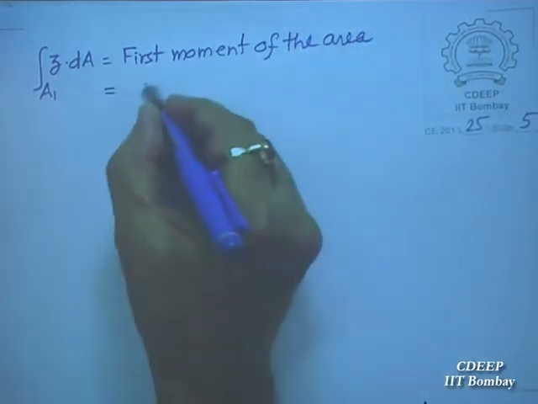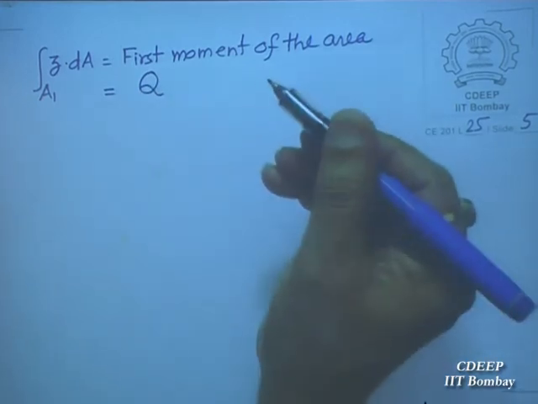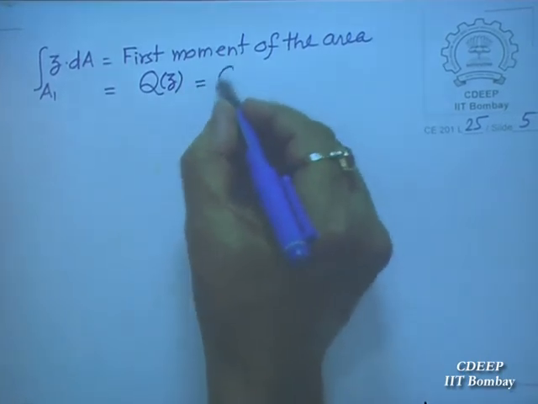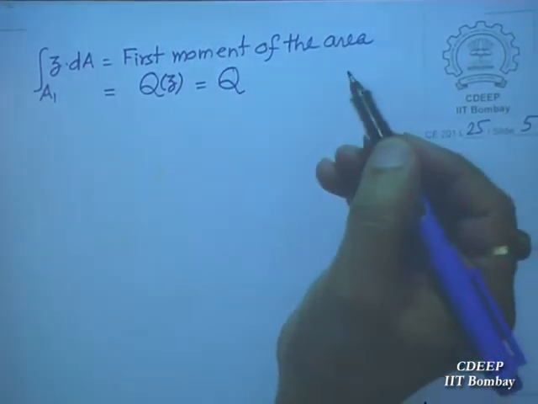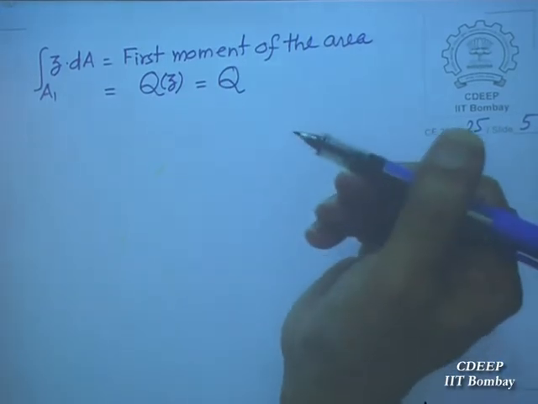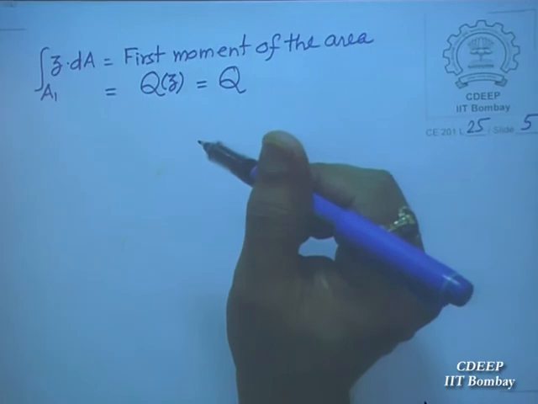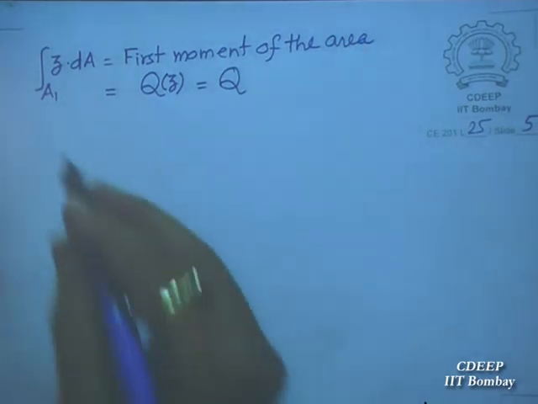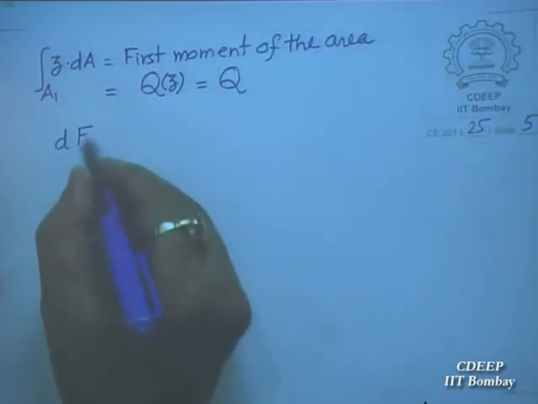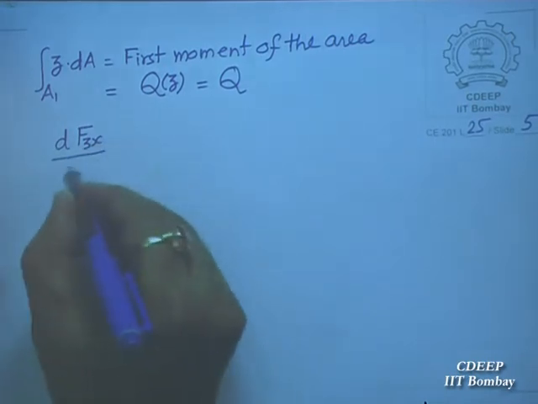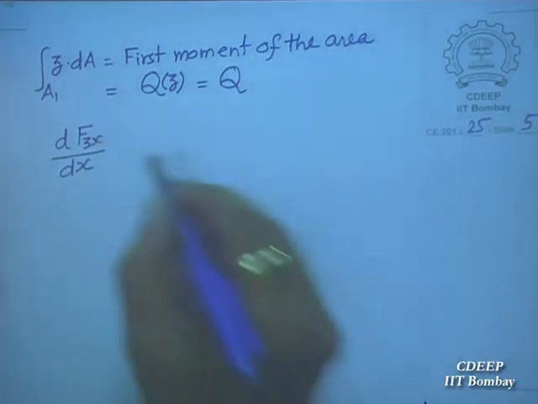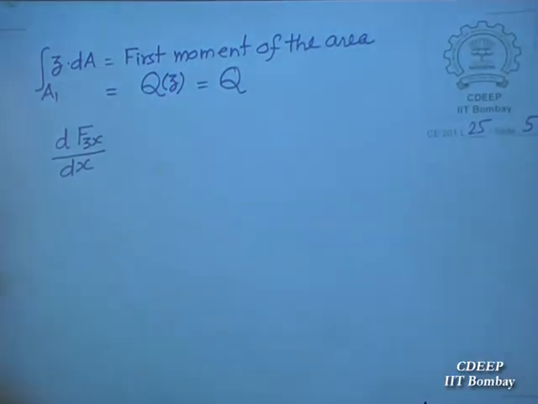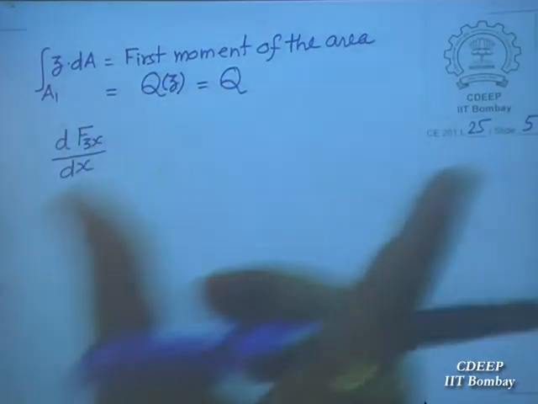Let us call this quantity Q. Q is a function of Z, by the way. Although it is a function of Z, we normally call it just by the letter Q. So on the left hand side, dFz by dx is the shear flow, total force divided by dx.